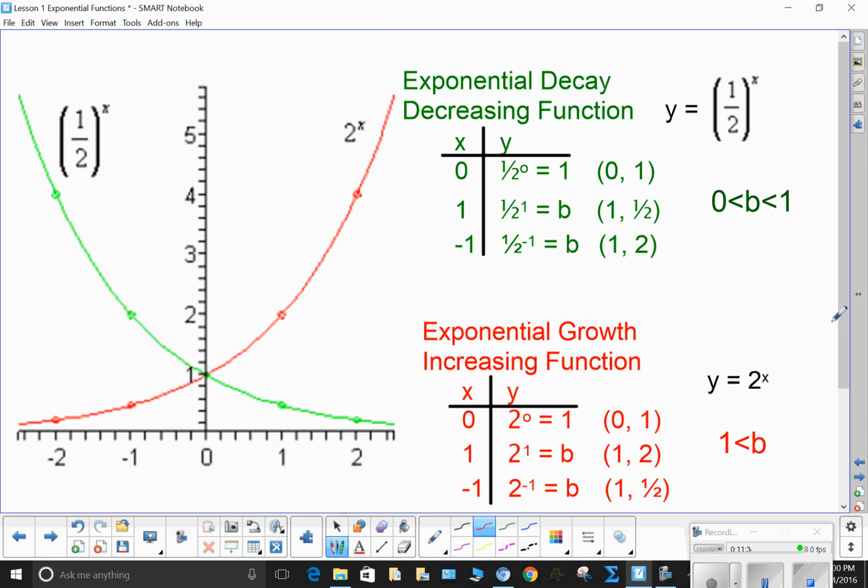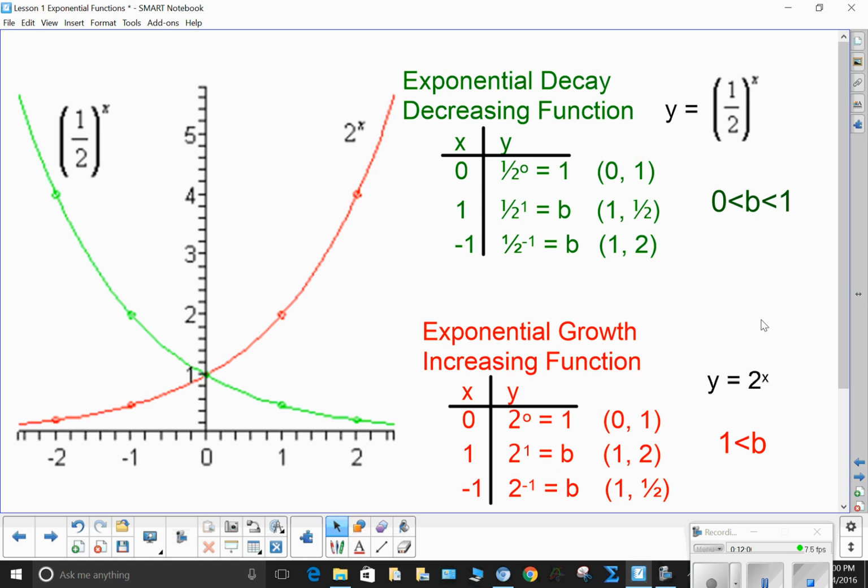Now, let's take a look at some of these. I'm not going to get real crazy with it because you've done all this before and it's the same process. Whatever the base is, that's your base. And then you can grow or you can decay. Growth is when the base is greater than 1. Decay is when the base is between 0 and 1.